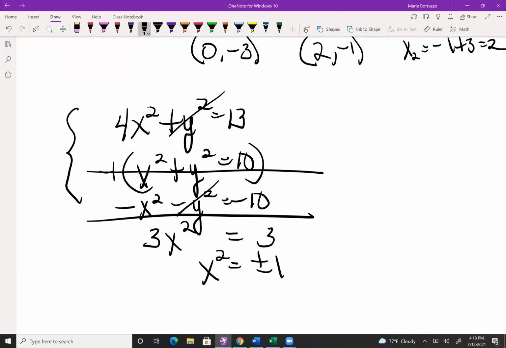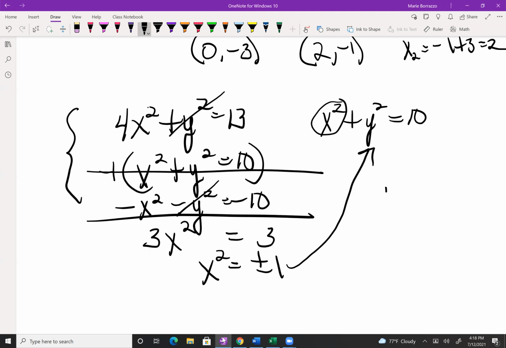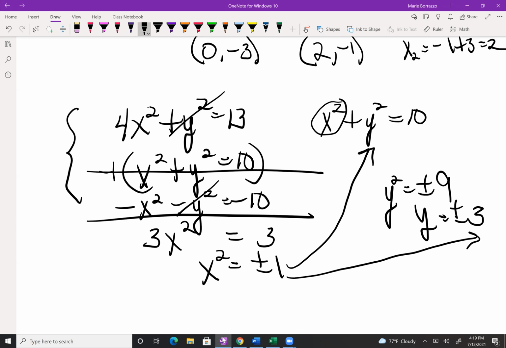All right, and so what you'd want to do in this case, remember you have two equations. If I use x squared plus y squared equal to 10, and I use both plus and minus 1 in the calculation, because the x is squared, I'm going to end up with y squared equal to 9, which means that y is equal to plus or minus 3. Now, that also means that I have 4 answers, because there are 4 combinations of these two responses.